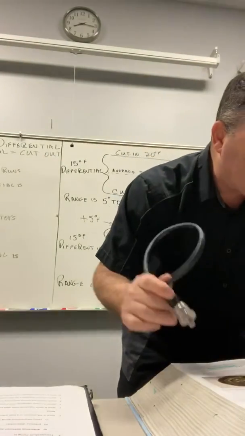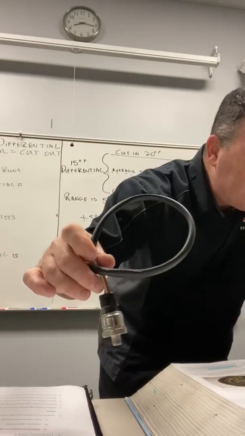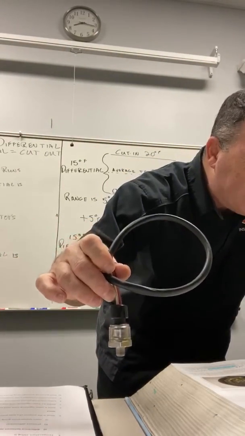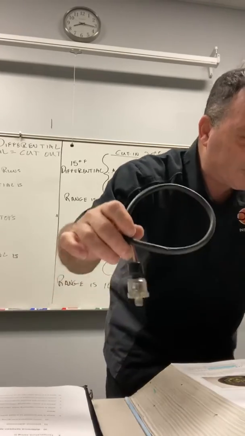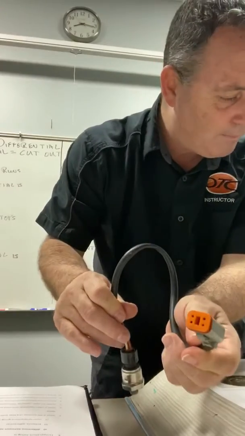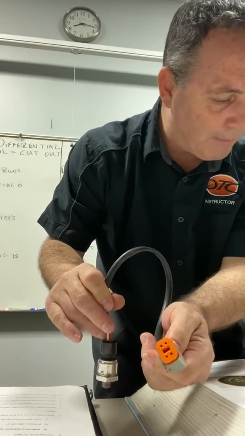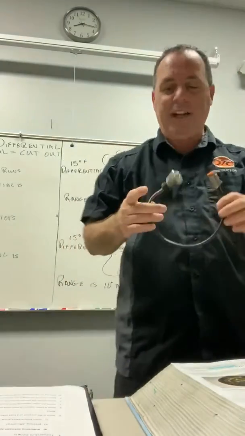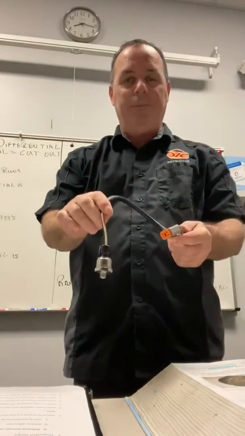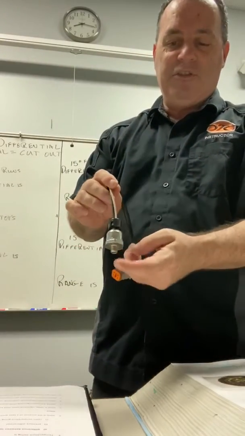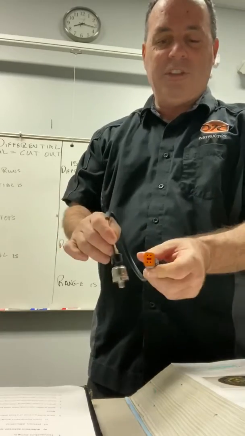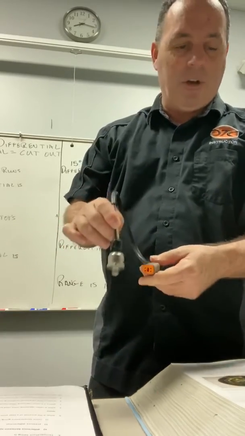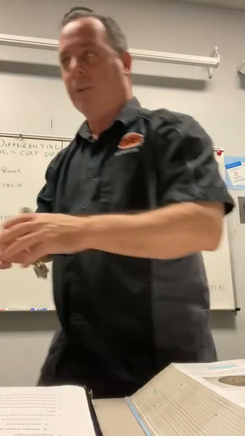Look what it says: pressure transducers are devices that measure pressure and convert it into an electronic signal that is then processed by a microprocessor. So that's what a transducer does. It senses the pressure and turns it into electronic signals. That's called a transducer, okay?